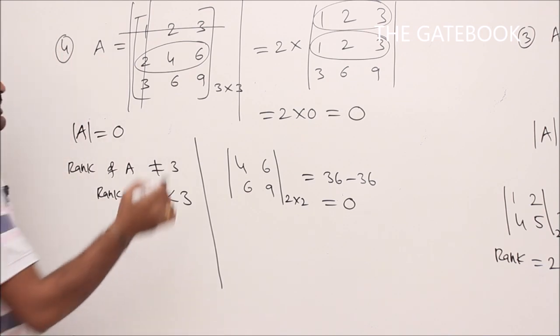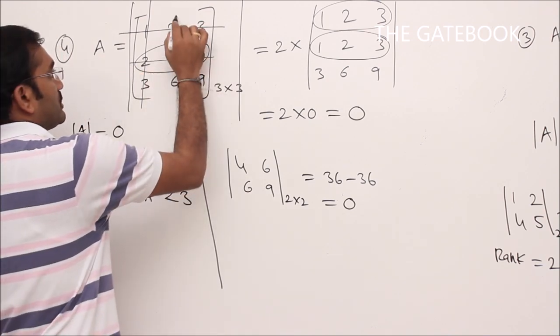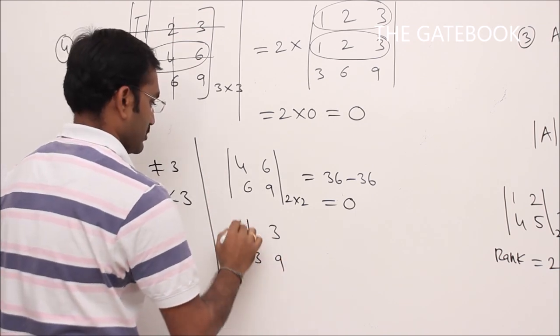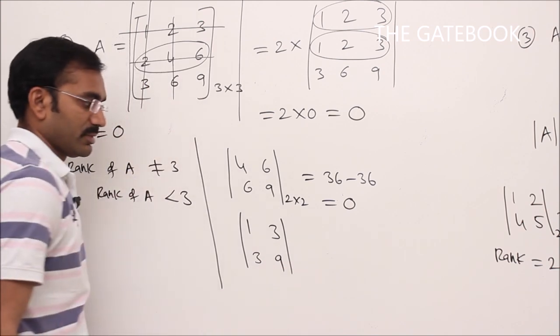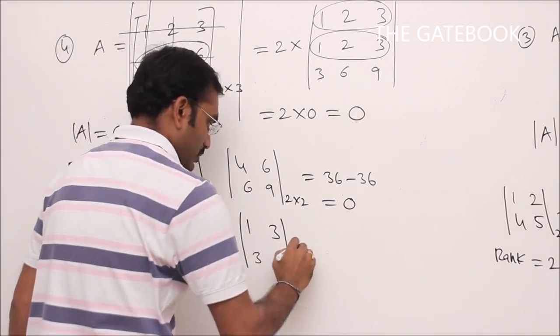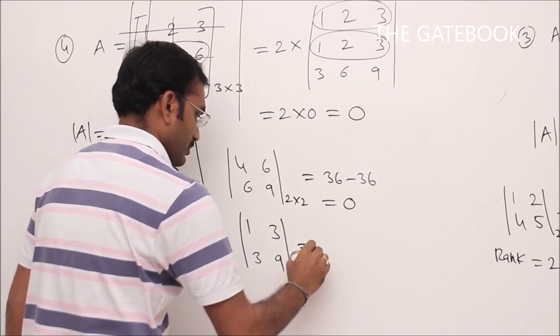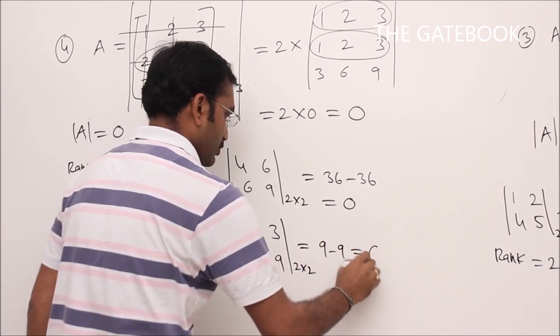Or eliminate the second row, second column, will get 1, 3, 3, 9. That is another lower order determinant of a 2 by 2 submatrix. So 9 minus 9 again 0.